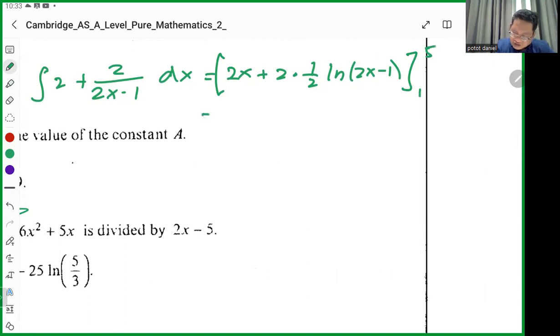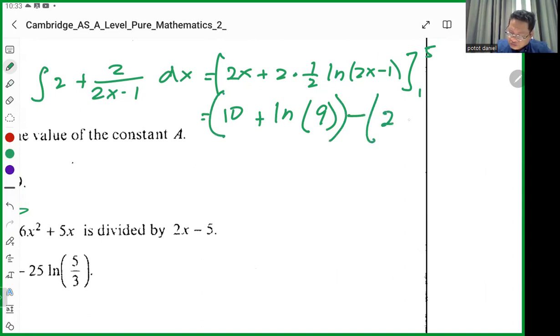You plug it in. So 5 times 2x is 10 plus this is cancelled with each other. ln 10 minus 1 is ln 9, minus, you plug in the 1, that's 2 plus ln 1. Because 2 times 1 is 2 minus 1 is 1. ln 1 is equal to 0.